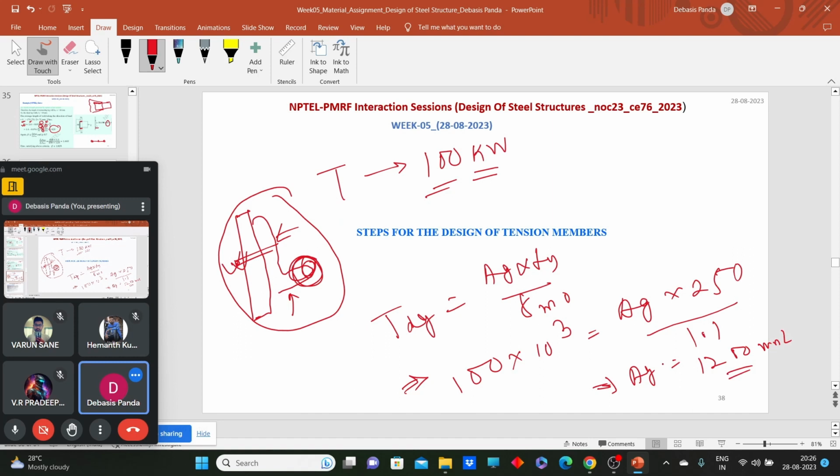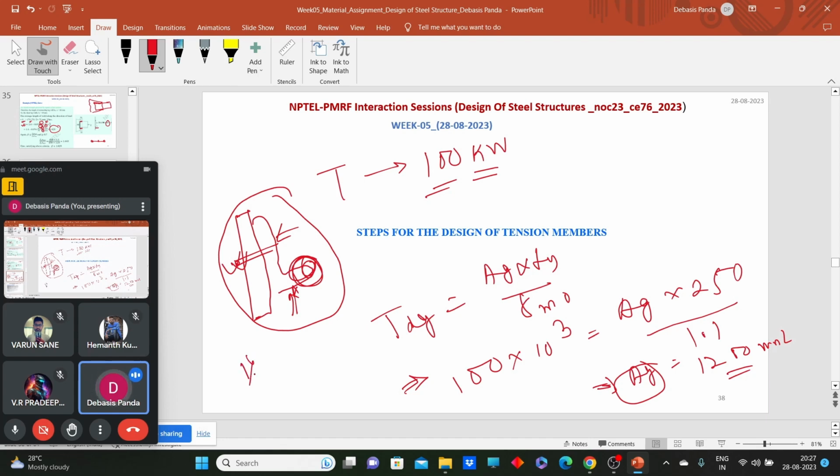Now, with that AG, we need to go to the SP6 to find out which angle section has a cross-sectional area matching this value, or a higher value than this. So from there, we can find out the angle section. Now, once we have selected the angle section, we need to calculate the number of bolts required.